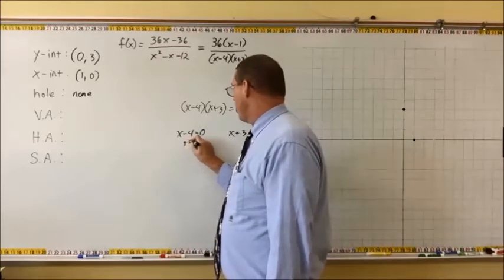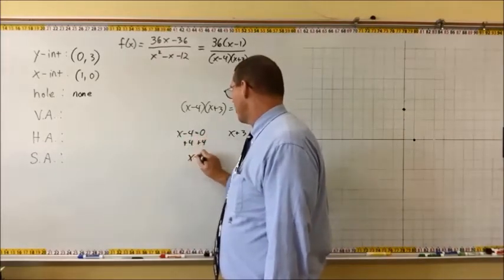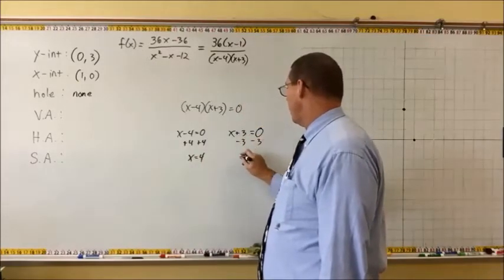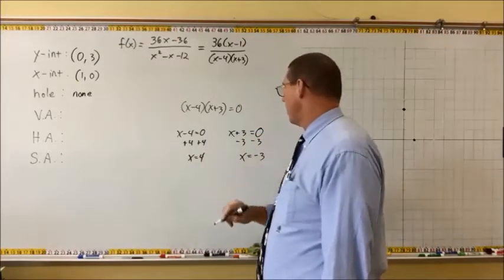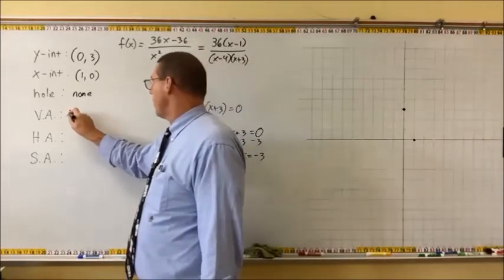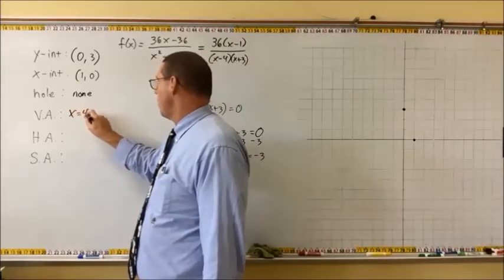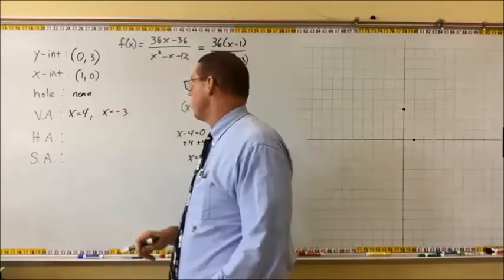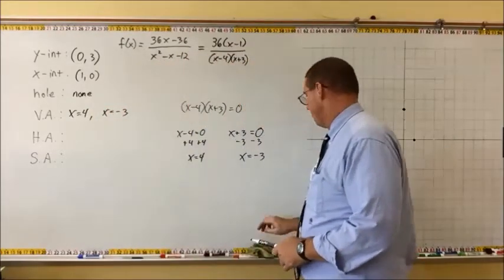Here we add 4 to both sides. We get x equals 4. Here we subtract 3 from each side. We get x equals negative 3. So we have a vertical asymptote at x equals 4, and a vertical asymptote at x equals negative 3.